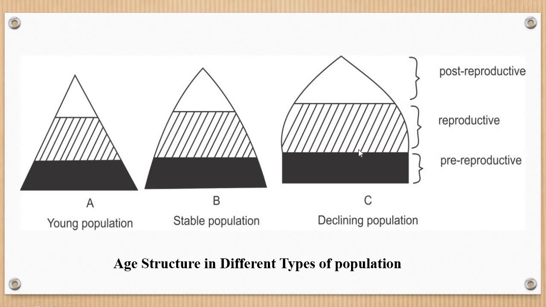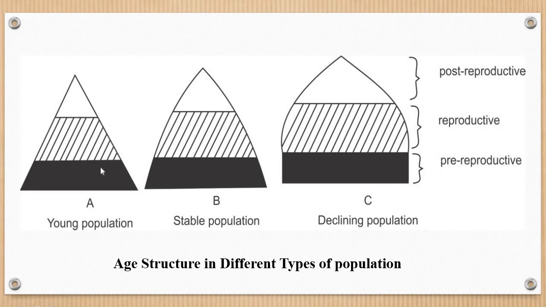It is in proportion with what? These two, post-reproductive and reproductive individuals. The number of pre-reproductive individuals, that is young individuals, is less as compared to the reproductive and post-reproductive stages, right? It is not in proportion with the previous younger stages. What proportion exists in this case? The proportion of the young individuals with the reproductive and post-reproductive stages.